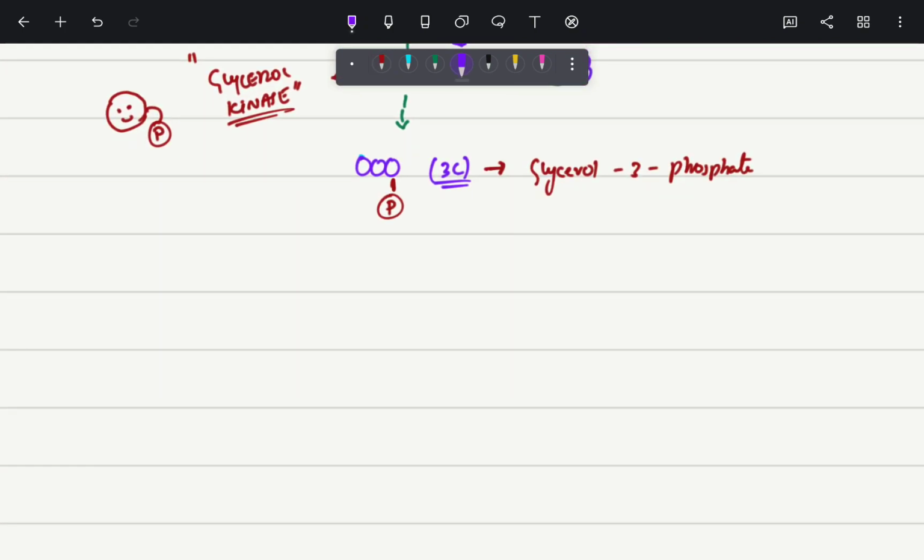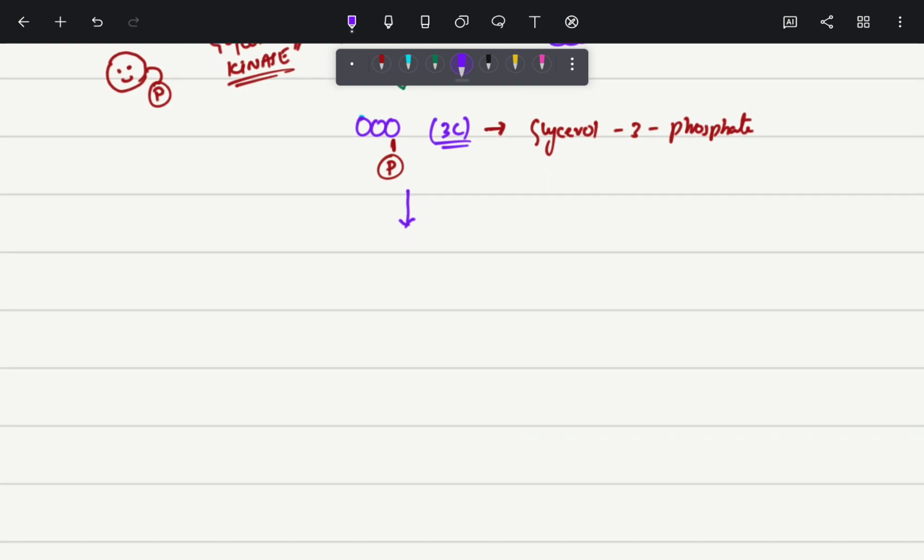Now eventually this glycerol 3-phosphate will get converted into a compound known as your phosphatidate. Okay, this is very important. Why is this important? Because this phosphatidate is a common precursor for everything.